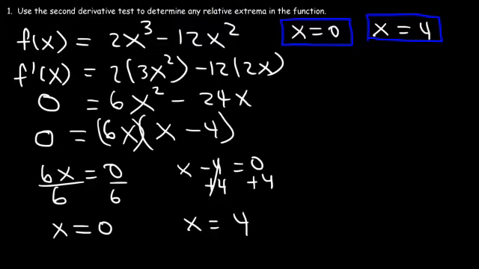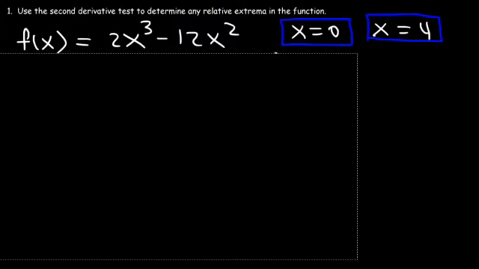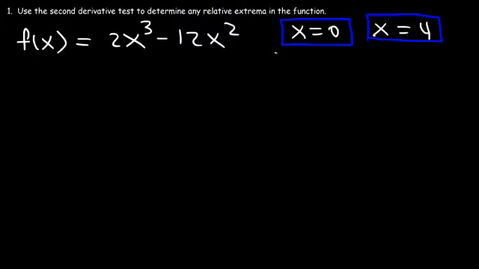So we have two critical numbers. Now let's find the second derivative to determine the concavity. So we said that the first derivative was 6x squared minus 24x.